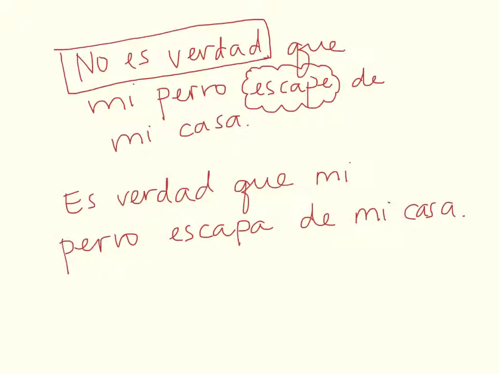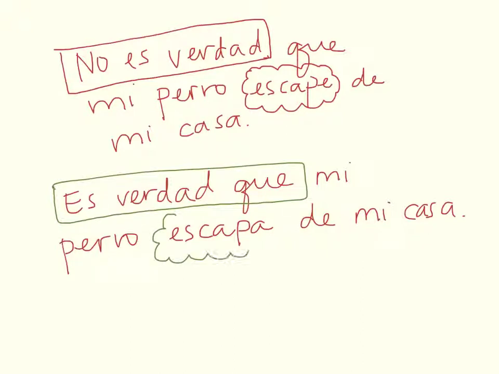So now I have an expression that does not imply doubt because I'm saying it is true. If I'm saying something is true, I am not applying doubt to it. And therefore, instead of escape, which is present subjunctive, I'm using escapa, which is regular present tense. It's a small difference, but a very important one.